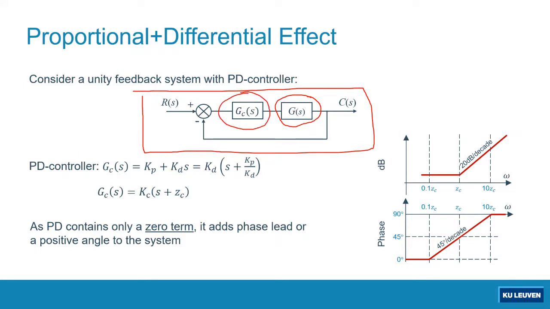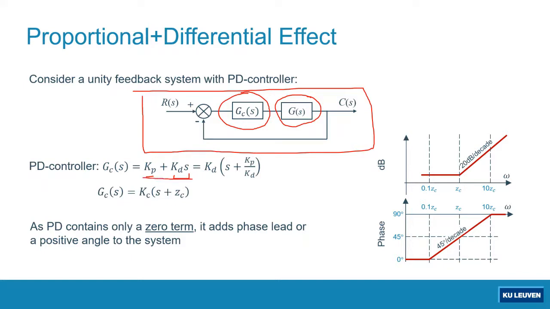But now in this particular case, let's consider Gc as a PD controller. As the name implies, a PD controller consists of a proportional gain and a derivative action. Kp is the gain of the proportional part and Kd is the gain of the derivative action.